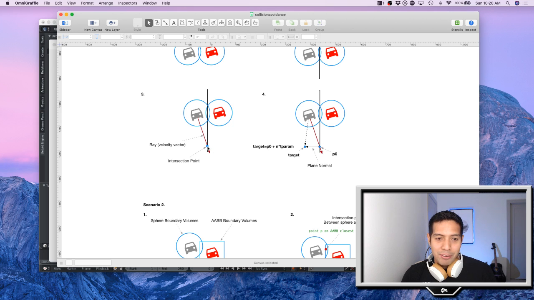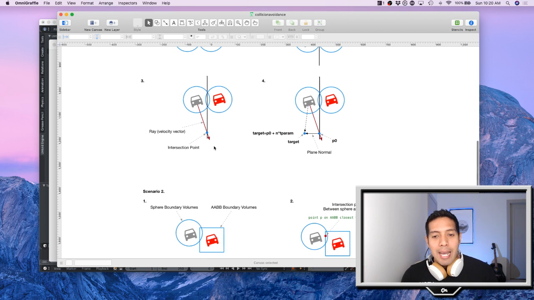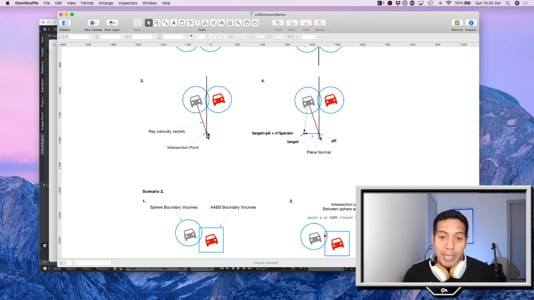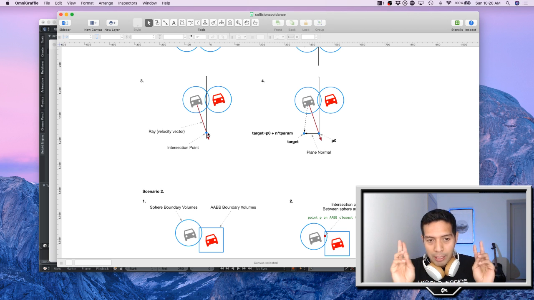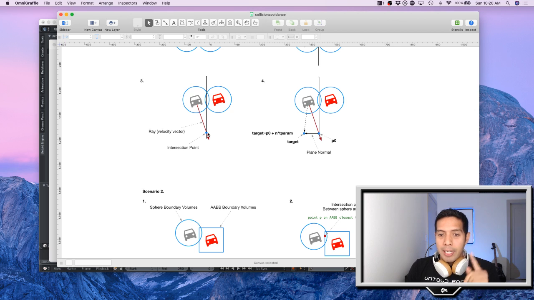This one, that's the intersection point. All right. Now here's the cool stuff. I want to steer these two characters away from each other, right? So number one, I assign this intersection point as my initial position. All right, just for the heck of it, just assign it as your initial position.